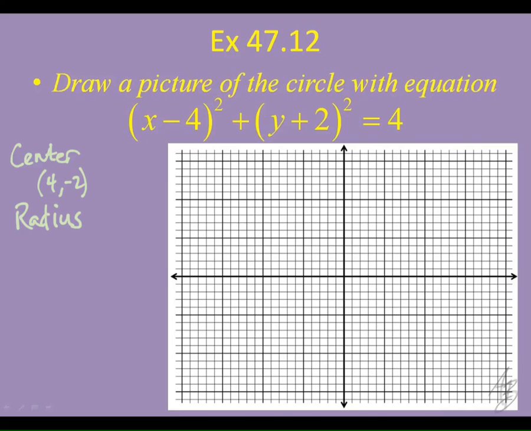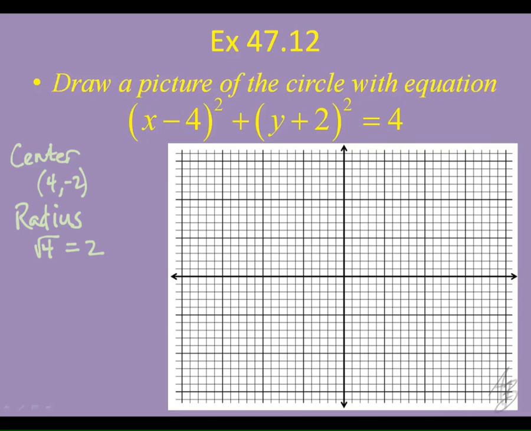Good. And the radius is going to be the square root of 4, which is 2. Why is it 2? Why isn't it 4? It's r squared, so you have to. Yeah, 4 is the radius squared, so the square root of that is going to give us the radius.